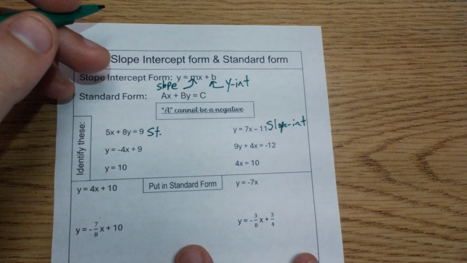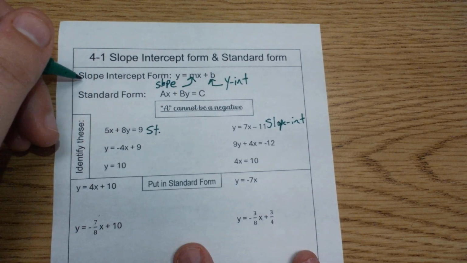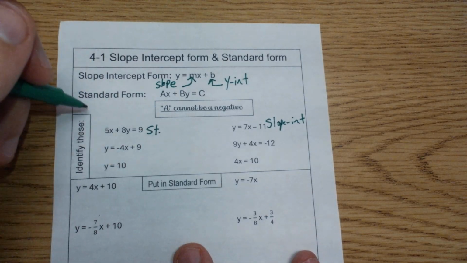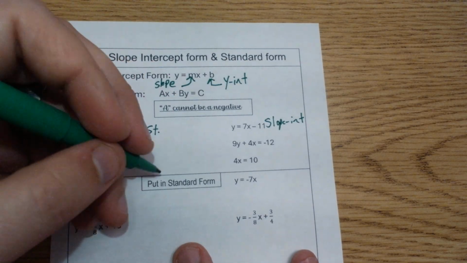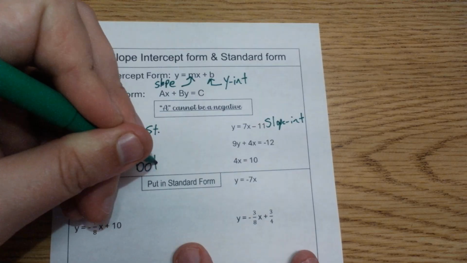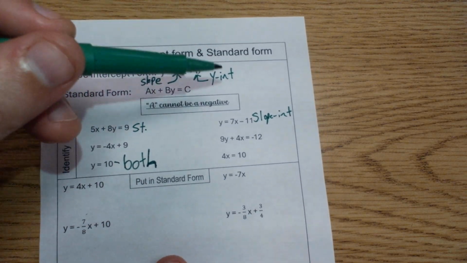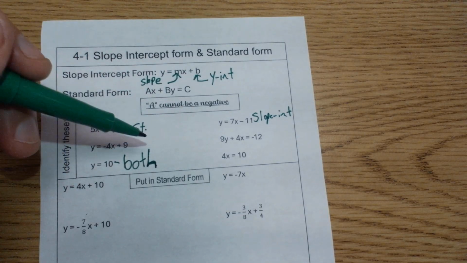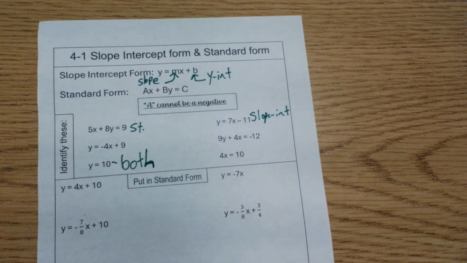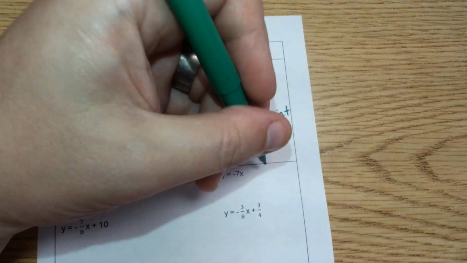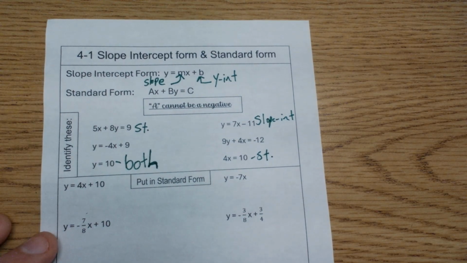When I look at y equals 10, it technically meets the qualifications for both, because in slope-intercept the y is on its own, and in standard form I have x and y on the left side and everything's whole numbers, so this could actually be both. And the one that's just an x value, technically this would be standard form. It can't be slope-intercept form because we don't necessarily have a y-intercept. So standard form for that one.